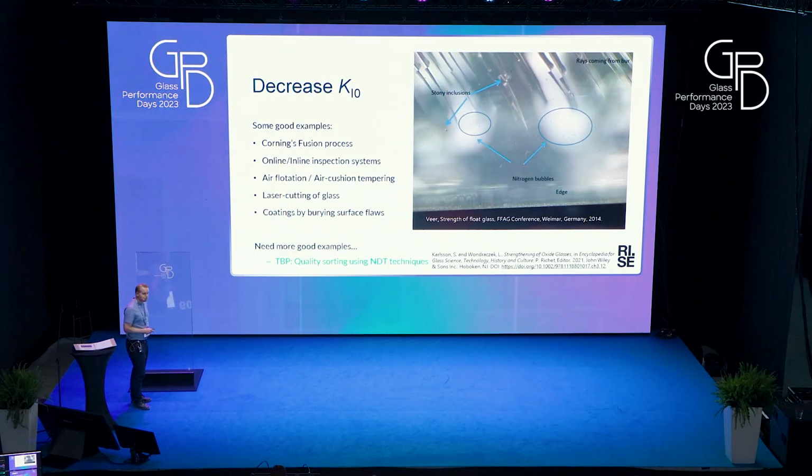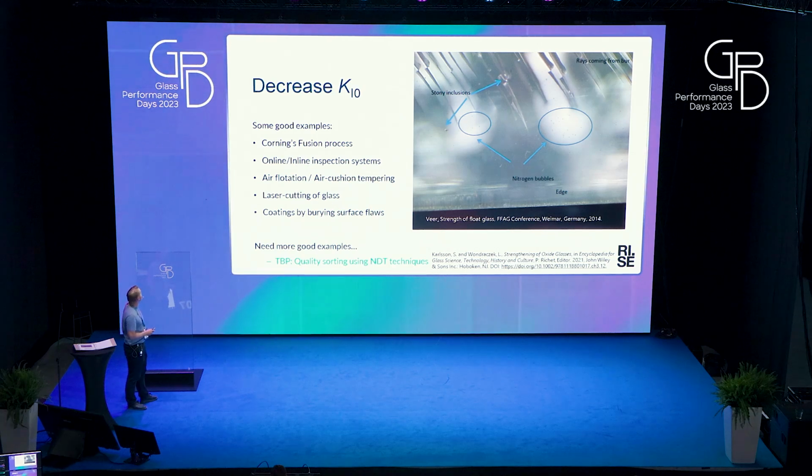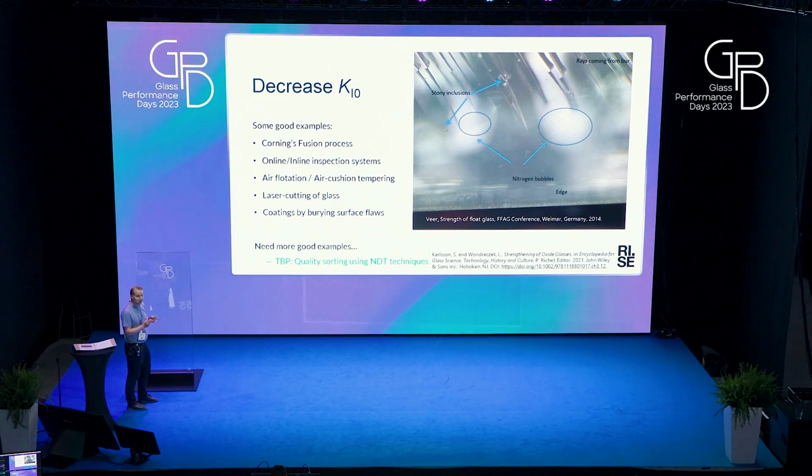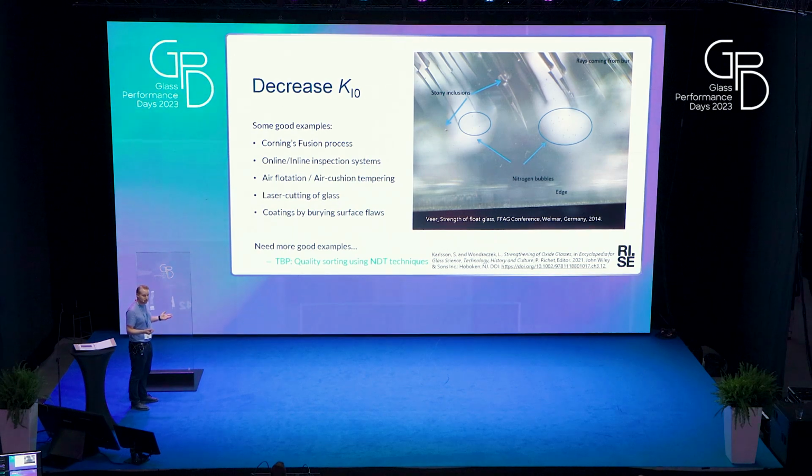So just some examples on this. Decrease K10. In all glasses, in all float glasses, I would say, we do have inclusions and defects. So you can have stony inclusions and you can have bubbles, and these will affect the strength of glass. And we basically need to get rid of all the defects.